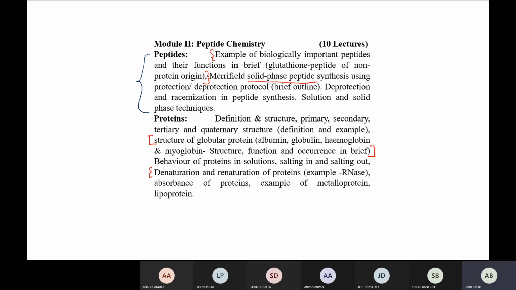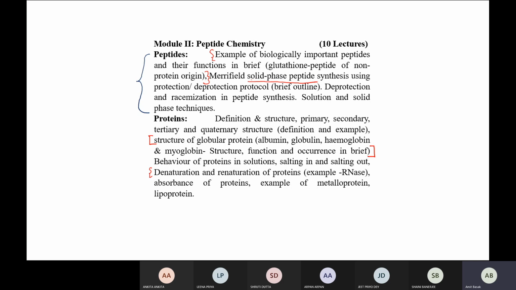The other, a quick way, is adding SDS. You know that SDS PAGE electrophoresis. That actually disrupts the protein structure. So you can add salts like SDS that will denature the protein.